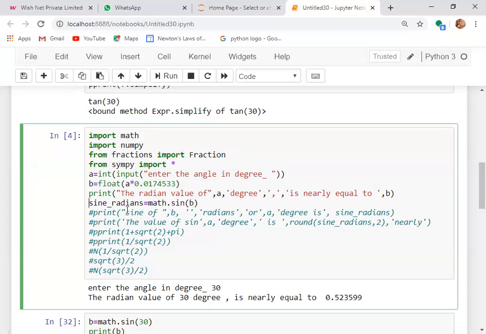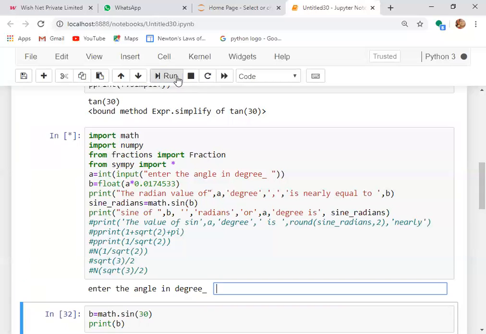So that's why it is in radians. So the sine radian value will be math.sin(b), since b is now in radian. If you now print sine of b, in radians, or a in degree, just run this program.